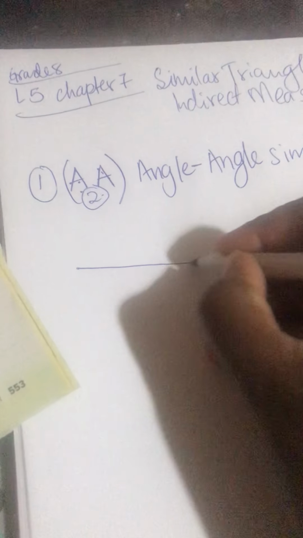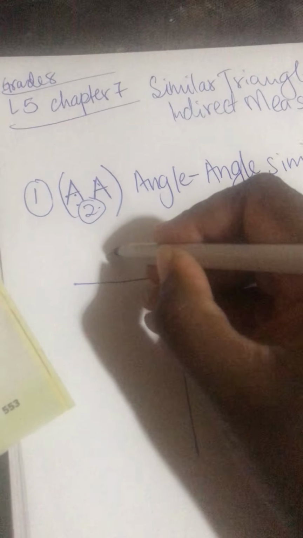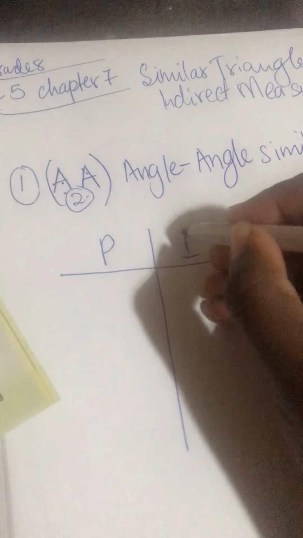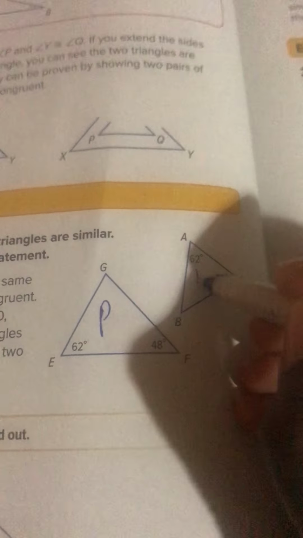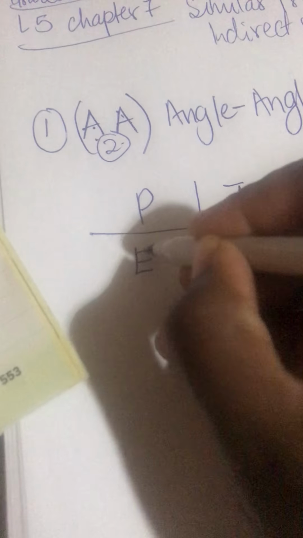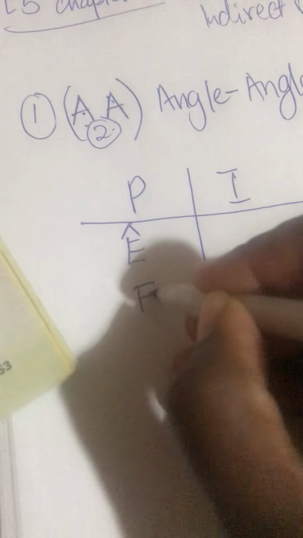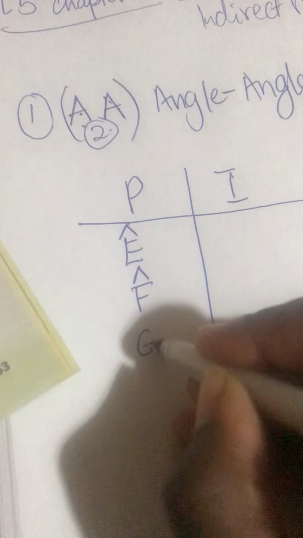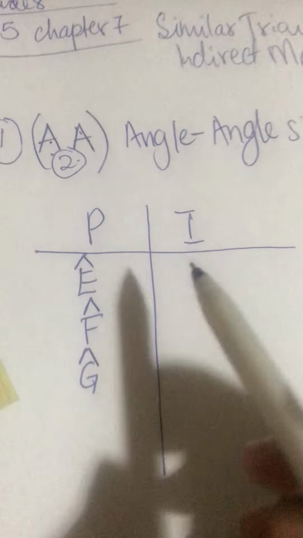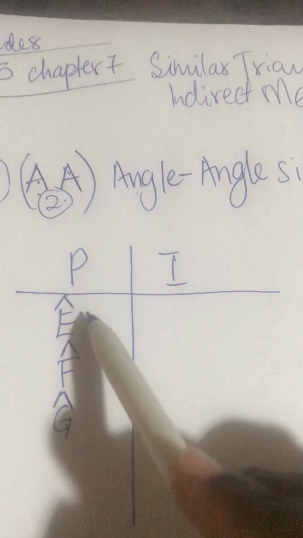See? I will do pre-image, image. So this is my P, and this is my I. I have EFG, angle E, angle F, angle G. Do you see that? It says angles. Don't use sides.